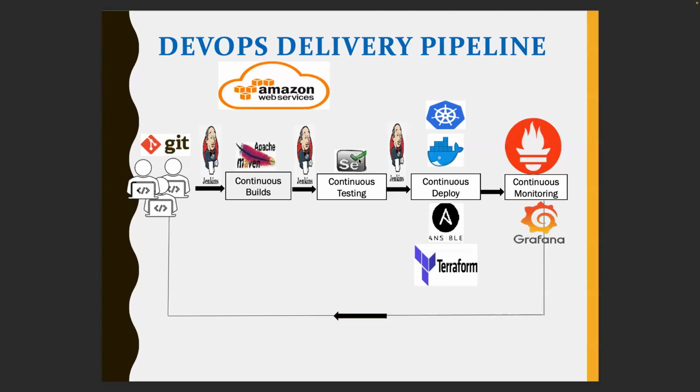These test cases could be in Selenium or UFT or JUnit, whatever it is. Execute the test cases automatically, deploy with Docker, deploy on Kubernetes with configuration management tools like Ansible and Terraform. And then use a monitoring tool like Prometheus and Grafana and send the reports to the concerned teams. This is the high-level big picture of the DevOps pipeline.